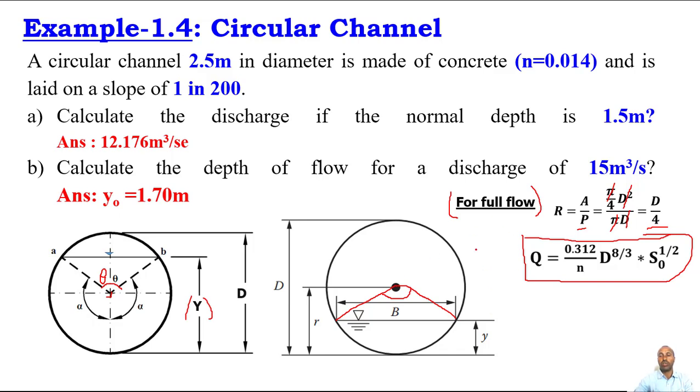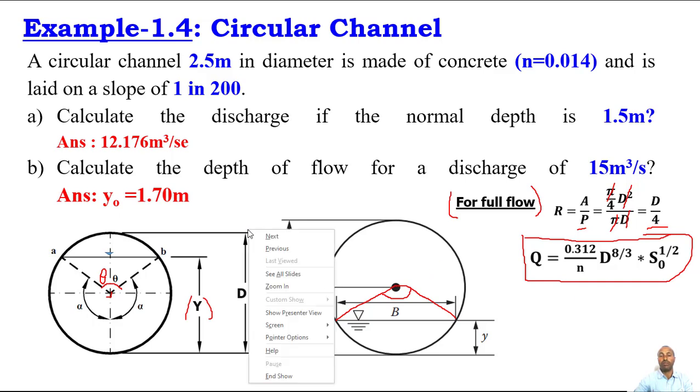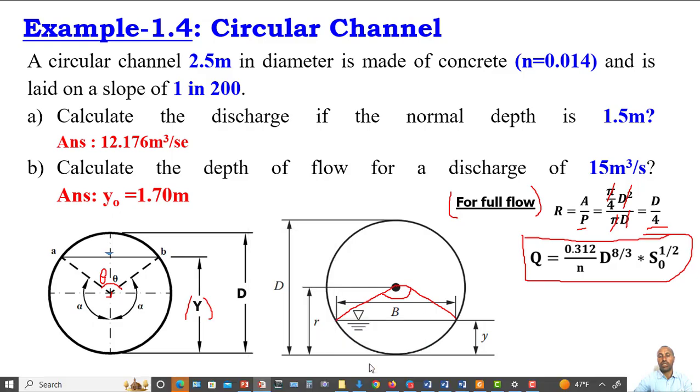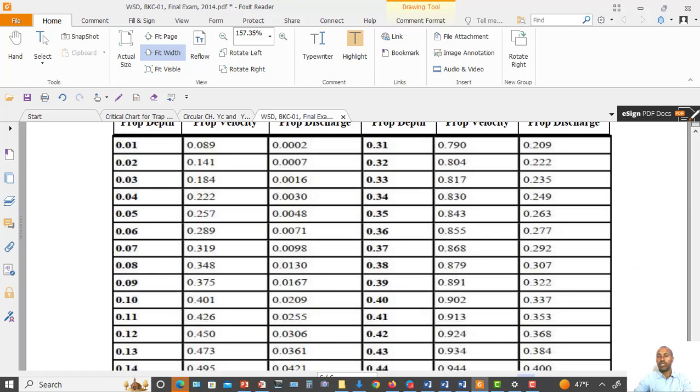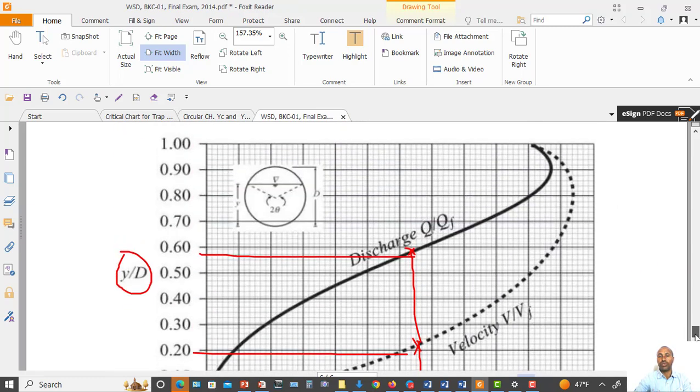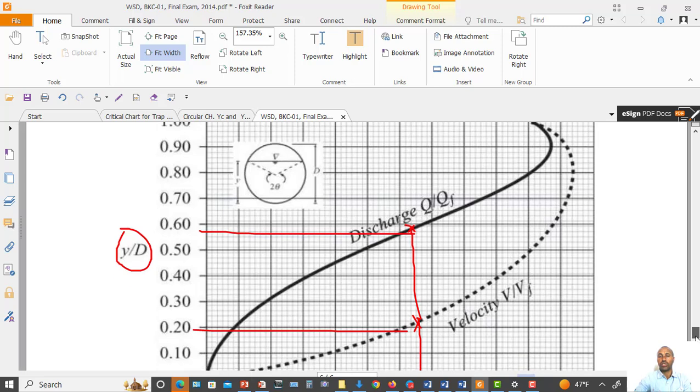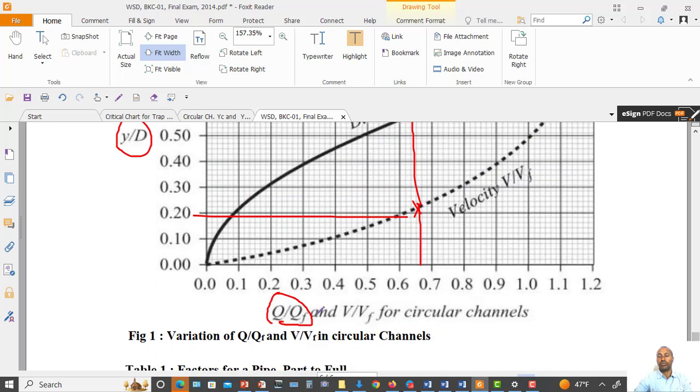Once we have this, sometimes we have some chart or standard table. Let us see this one. You have such a type of chart. For example, the ratio of partial with respect to full, velocity with respect to full for a circular channel.